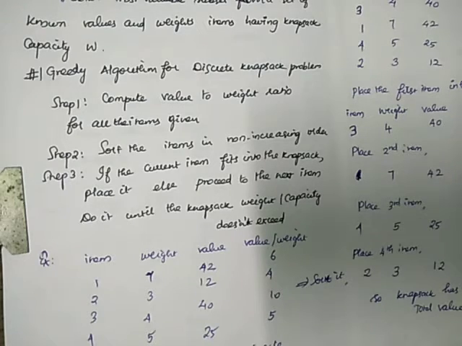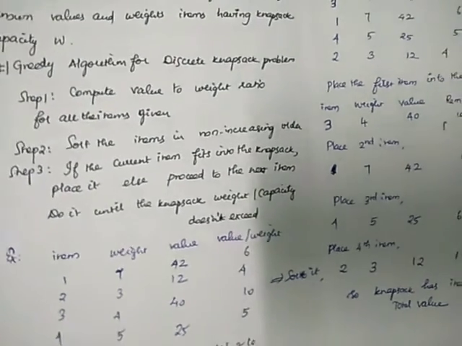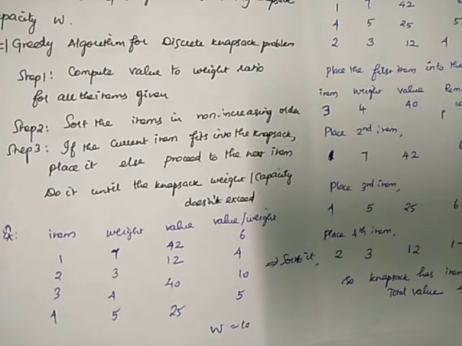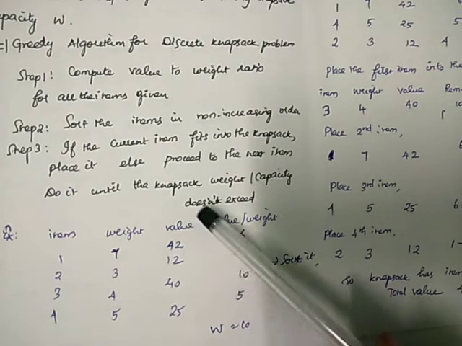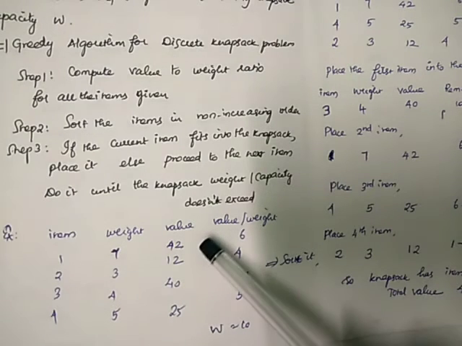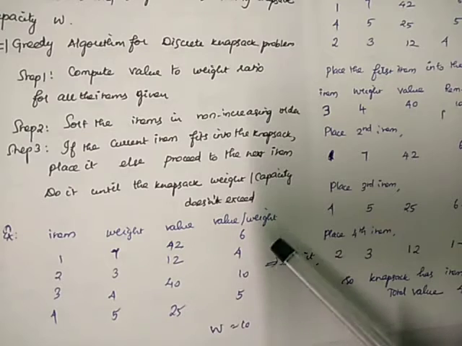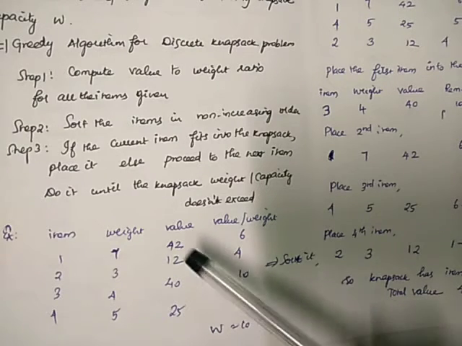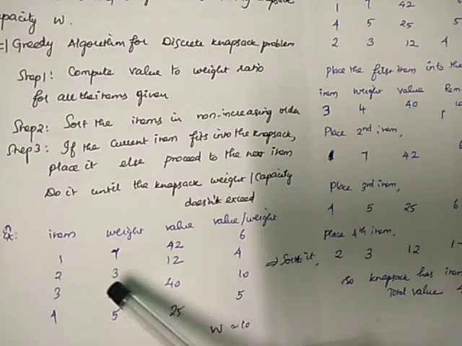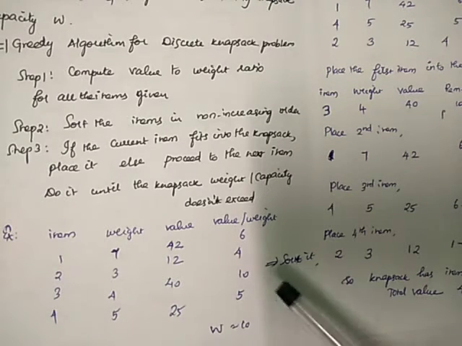So the example is given. We have 4 items, item 1, 2, 3, 4. The weights are 7, 3, 4, 5, and the values are 42, 12, 40, 25. The value to weight ratio is calculated as 42 divided by 7, which is 6; 12 by 3, 4; 40 by 4, 10; 25 by 5, 5.